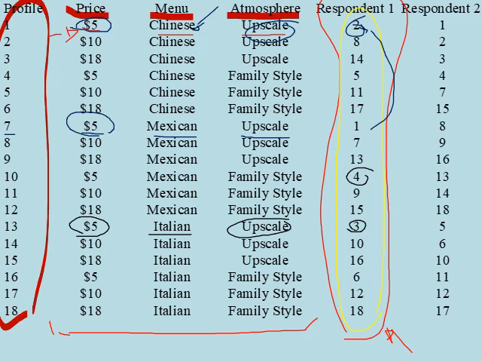So his or her fourth most preferred restaurant, notice, is Mexican, inexpensive, and family style. So what is happening now is when there are no more cheap and upscale restaurants, this person is happy to switch to a family style.